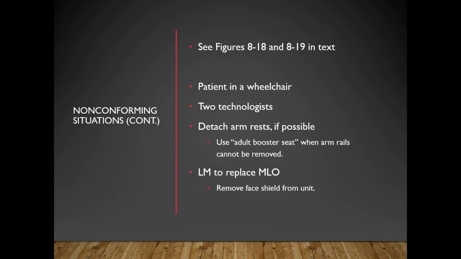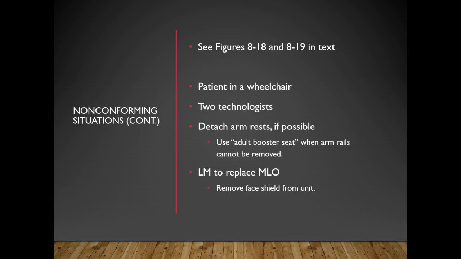So for patients in a wheelchair, it's a good idea to have 2 technologists, because you're moving the chair around, you're adjusting the chair, and then positioning the patient and helping the patient. It helps to have a couple technologists. And like I said on the prior slide, this is going to be the minority of situations.